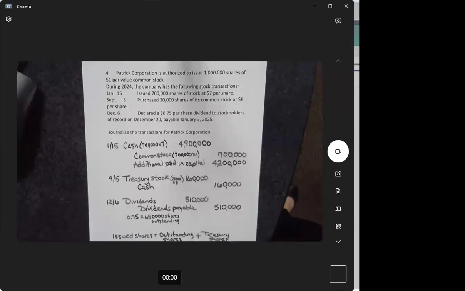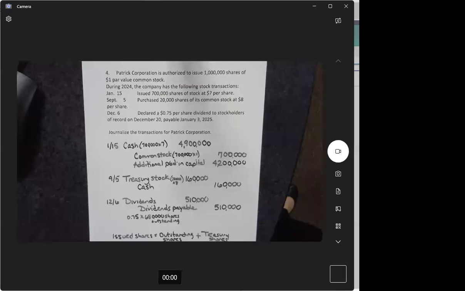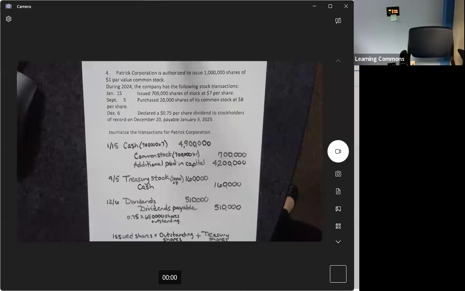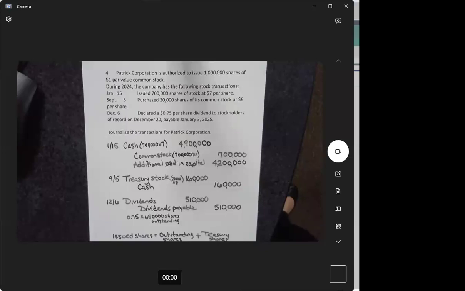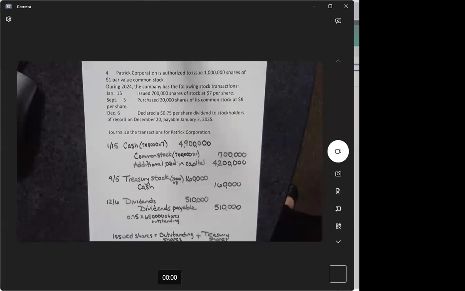We talked about the advantage of being a corporation. We talked about the rights of stockholders. We talked about definitions of authorized, issued, outstanding, and treasury shares of stock. We talked about advantages of debt or equity financing.